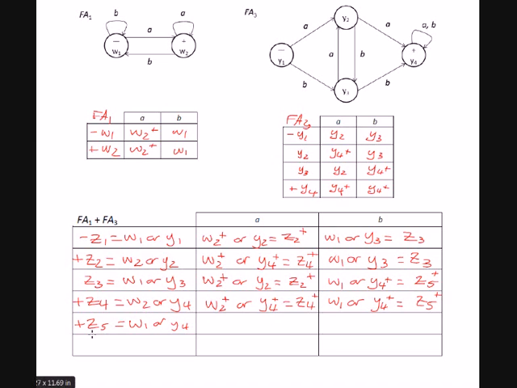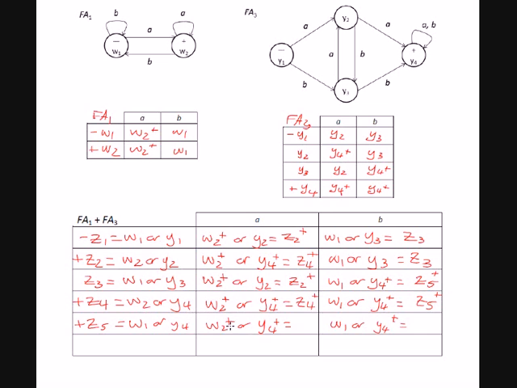Let's look now at state Z5. That says W1, I read an A. W1 and A takes me to W2. Y4 and read an A is Y4, which is also an end state. W1, read a B is W1. Y4 and read a B is Y4, which is an end state.